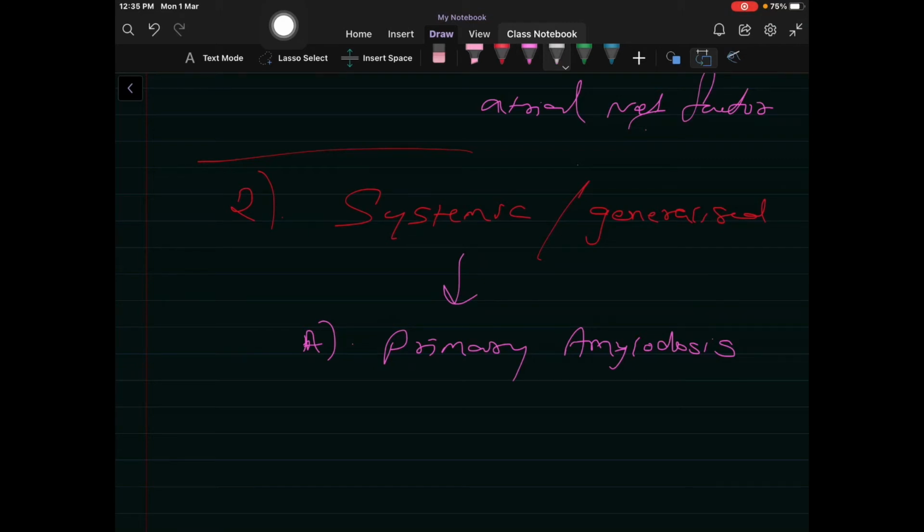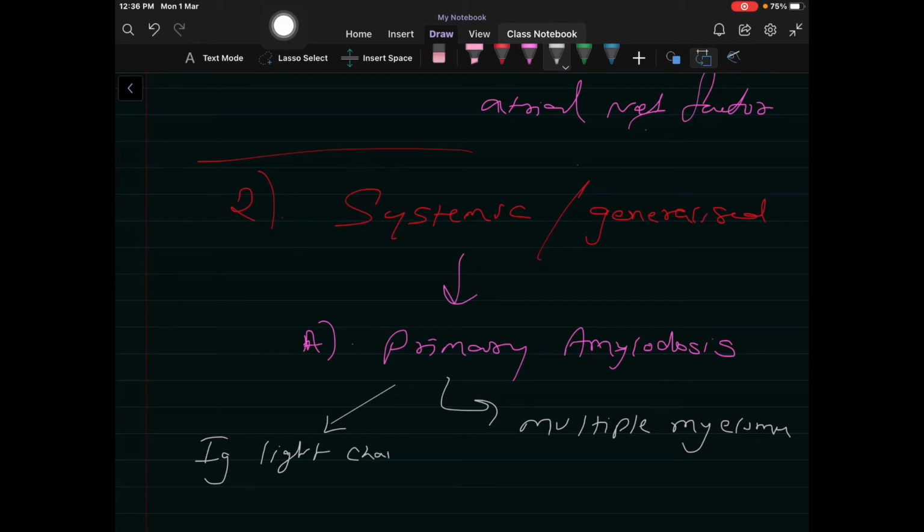The associated disease with primary amyloidosis is multiple myeloma. Actually, it is the Ig light chain amyloidosis type.